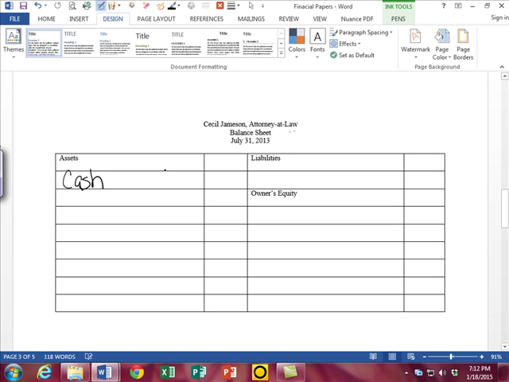So we're going to list cash first, and that is $6,873. Okay. Then we're going to list accounts receivable because it is considered to be a cash equivalent, and I'm going to abbreviate. All right, $2,225. Then we're going to list supplies.